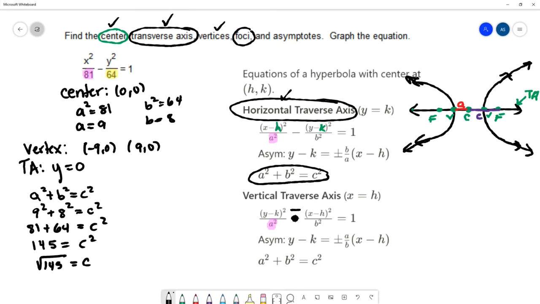And I can find my foci using my center. So from the center, I'm going to move left and right the amount of that C. So we have negative square root of 145, comma 0, and positive square root of 145, comma 0.